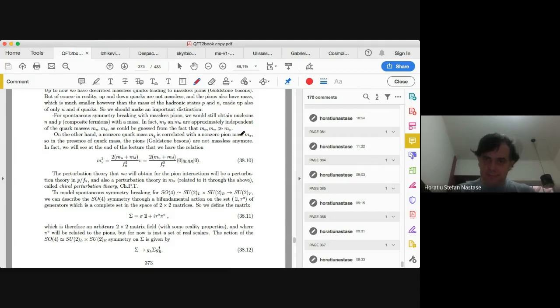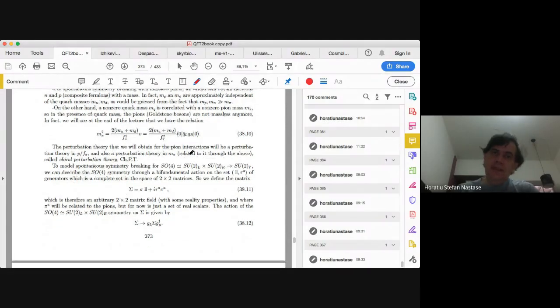And approximately massless quarks means that the pion mass for this pseudo-Goldstone boson must be much smaller than this scale, which in turn means that the masses of the proton and neutron should be to first order independent of the mass of the pion. It's a different scale.